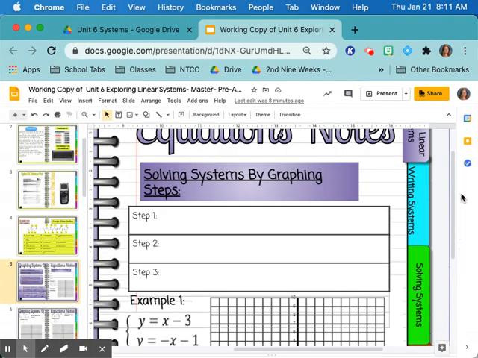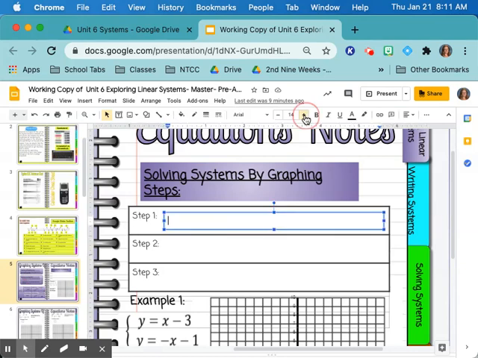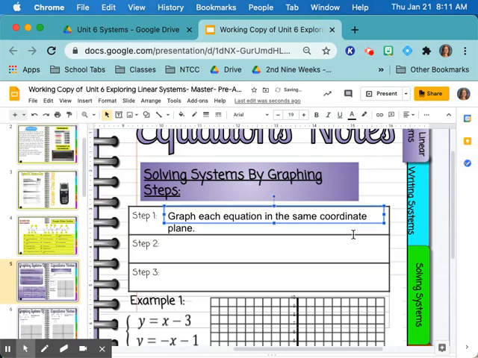All right, solving systems steps. Step 1: graph each equation in the same coordinate plane, so on the same graph. You can graph more than one linear equation on a graph, so that's what we're going to do.